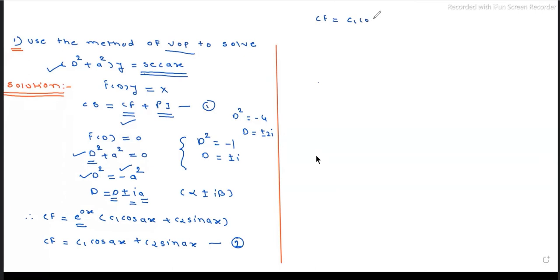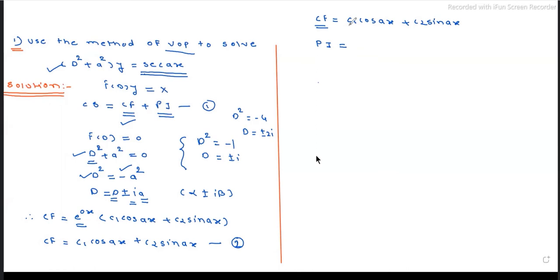CF is C1 cos AX plus C2 sin AX. And I have already told you that we write down PI with the help of CF itself. Check how we write down PI. The normal formula is actually 1 upon f of capital X, but in the variation of parameter method, using CF only, we write down the PI.